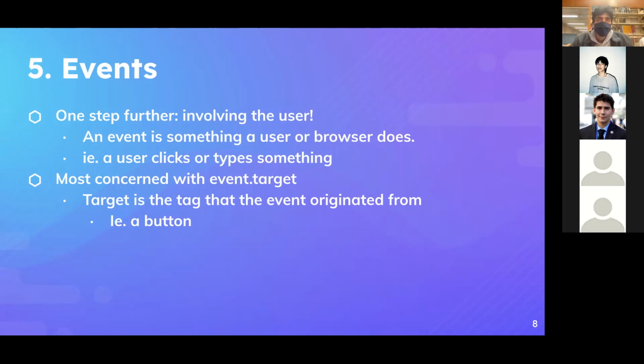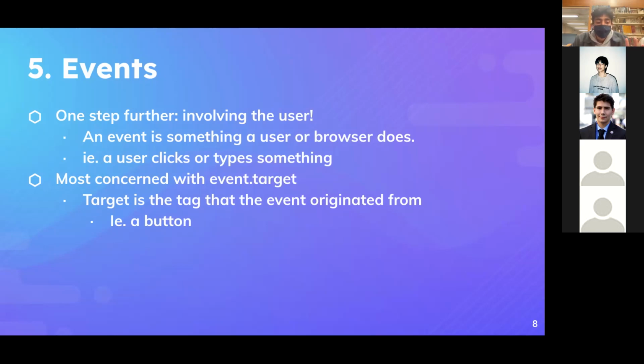Essentially, we can add what's called a listener to any tag. When we add a listener to a tag, it basically says, okay, if this particular type of event happens to this tag, please execute the associated function. I'll go over that in more detail of how we actually write all of this down.